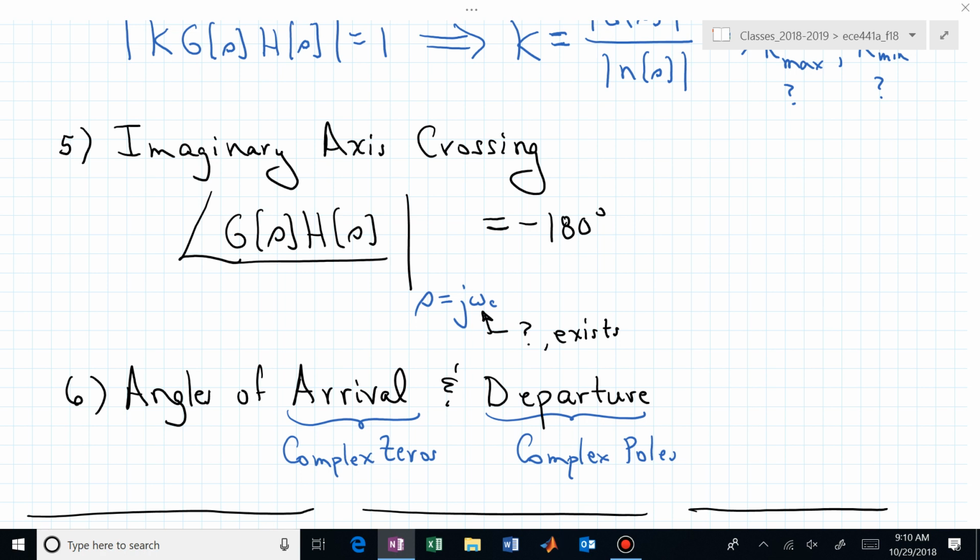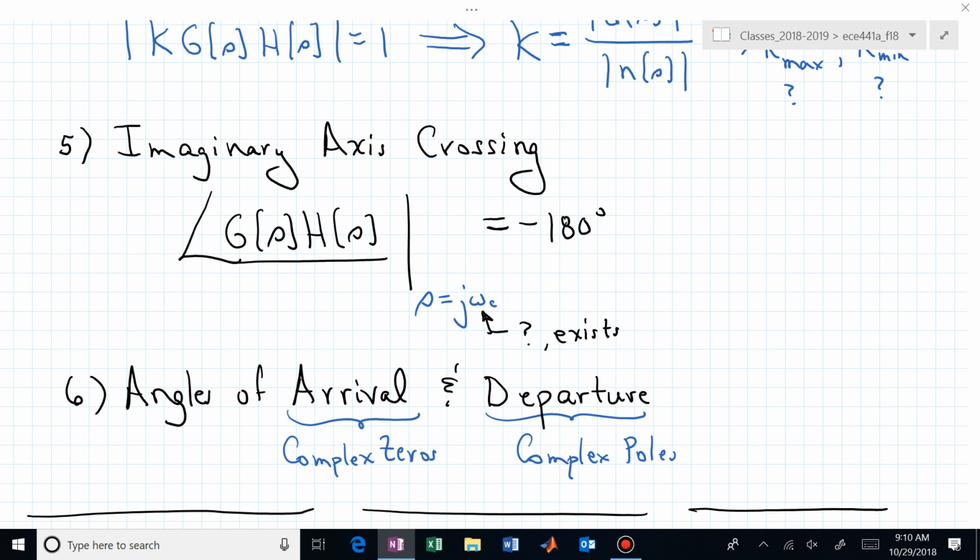So if somebody just wants to iteratively figure it out, they can walk up the imaginary axis and say, what's the angle at this point, contributed by all the poles and zeros. If the angle is minus 180, then that point is a part of the root locus, and that's where the root locus branches cross the imaginary axis. That's the brute force way of finding omega sub c.